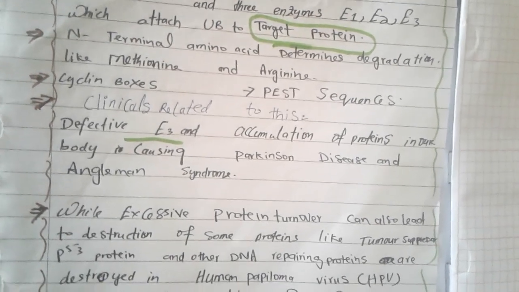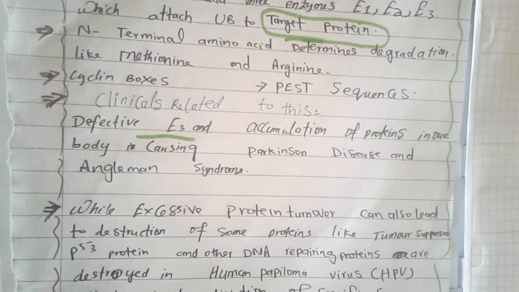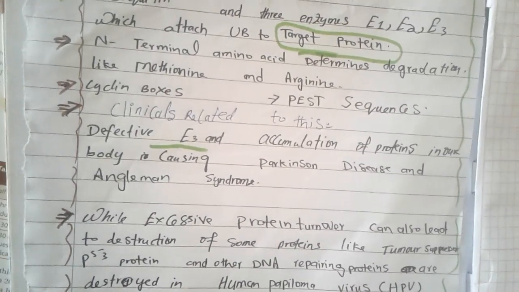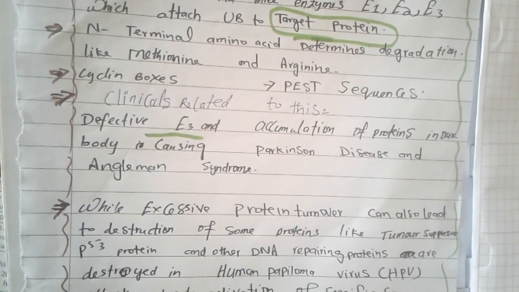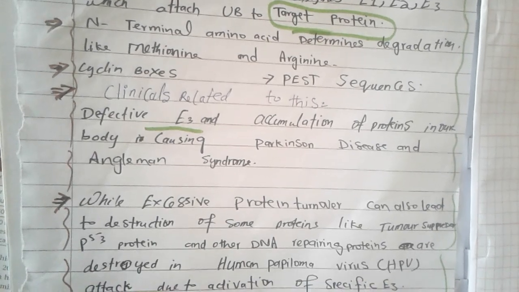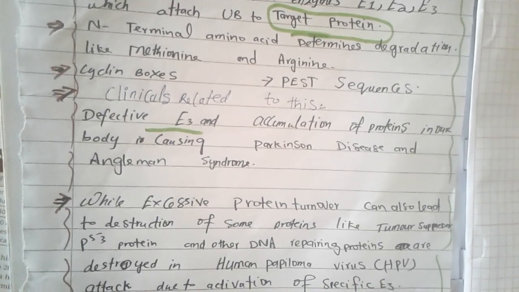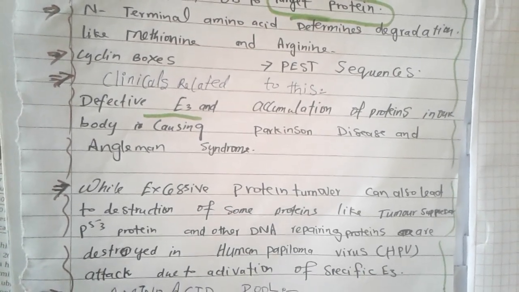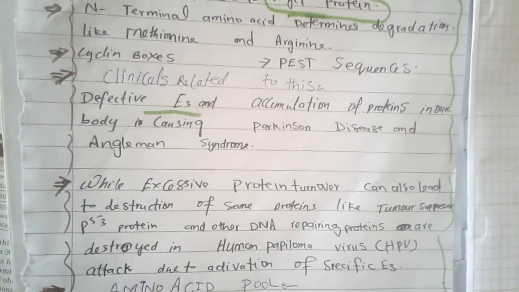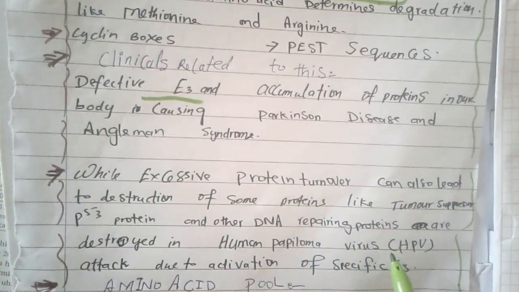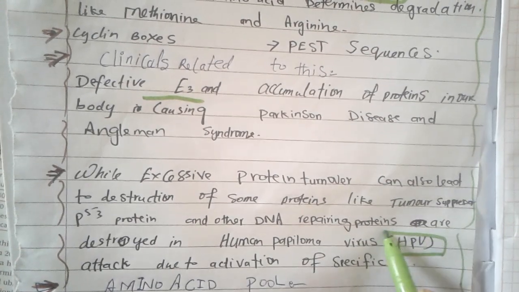Now, there can also be excessive protein turnover due to activation of an enzyme, for example in HPV, the human papilloma virus. What happens in the human papilloma virus?